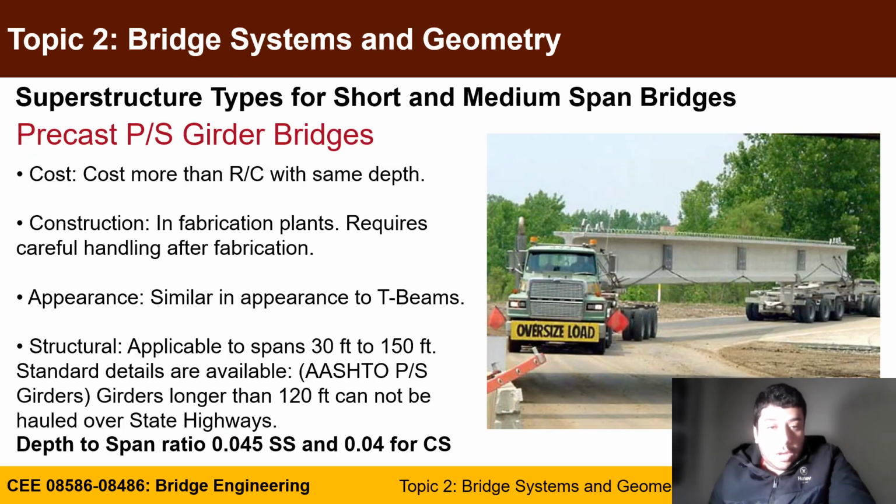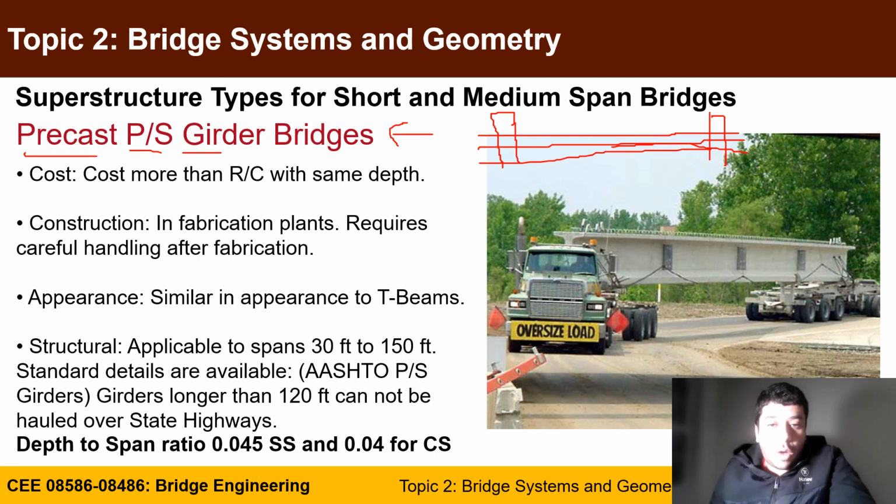The next system is called precast pre-stressed girder, most likely pre-tensioned, meaning that you will use pre-stressing. For example, if you have a rigid wall here and a rigid wall here, you stress your strand under tension across the walls, and you cast your girder.